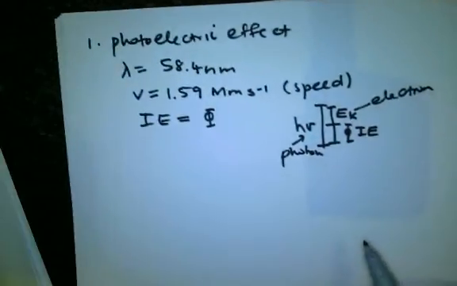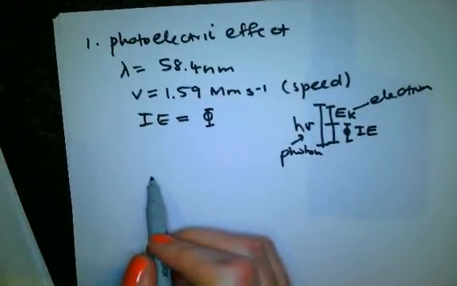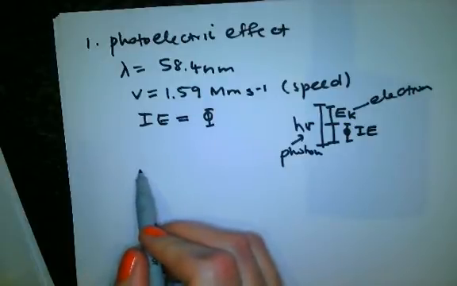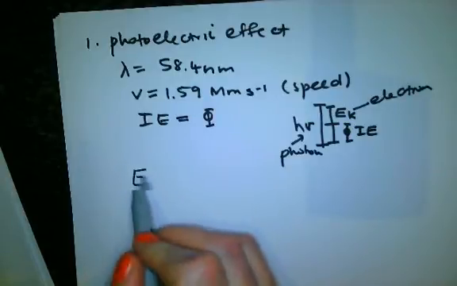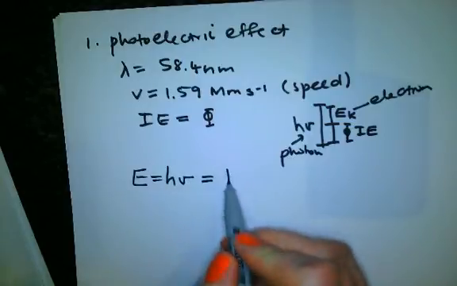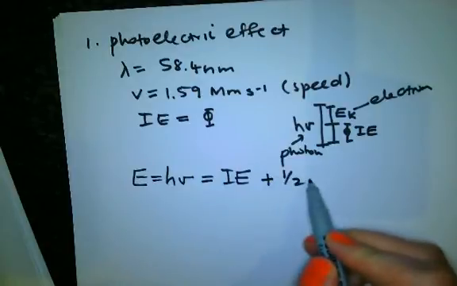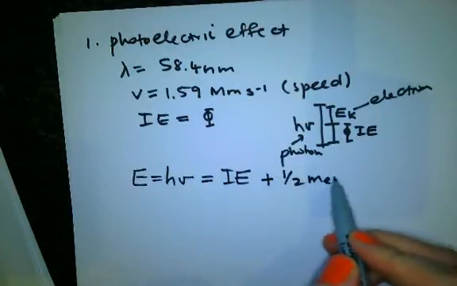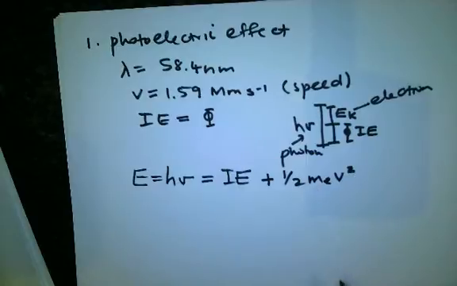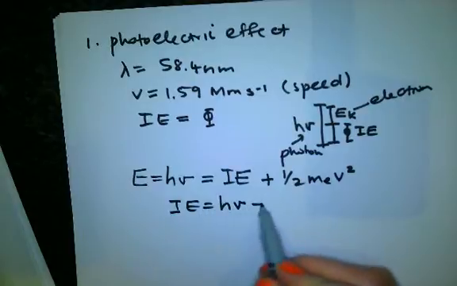So if you recall, for the photoelectric effect, the energy of the photon is equal to ionization energy or work function plus kinetic energy of the electron. So ionization energy is h nu minus that term.